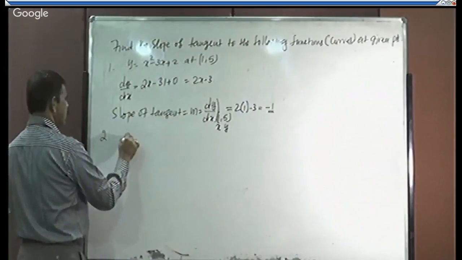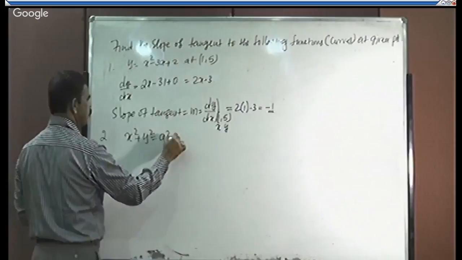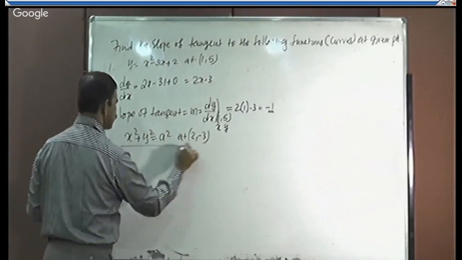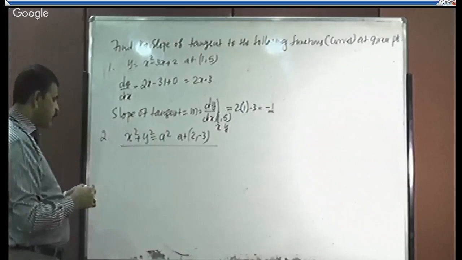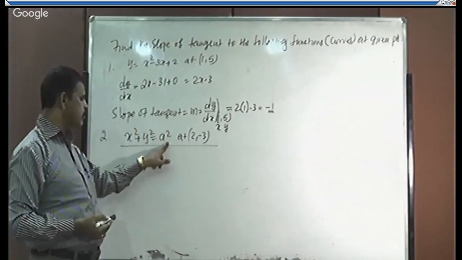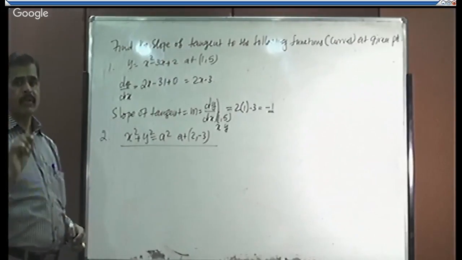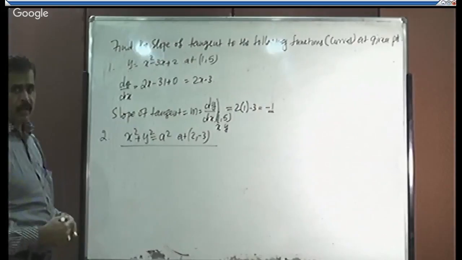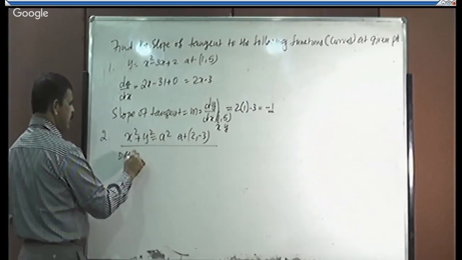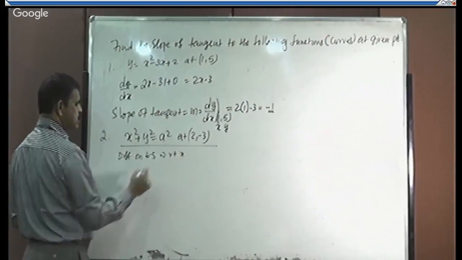Second one, x square plus y square is equal to a square at 2 comma minus 3. Get the slope of the tangent to the curve x square plus y square is equal to a square at the point 2 comma minus 3. For any curve, you first get dy by dx. Differentiate on both sides with respect to x.